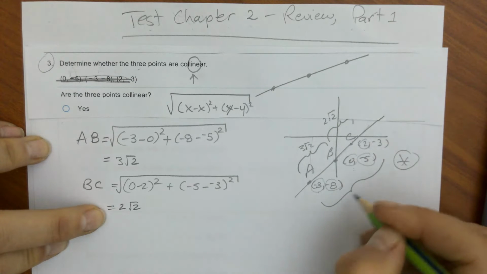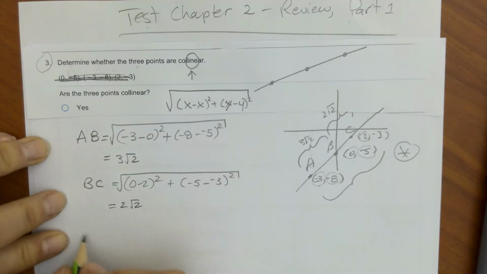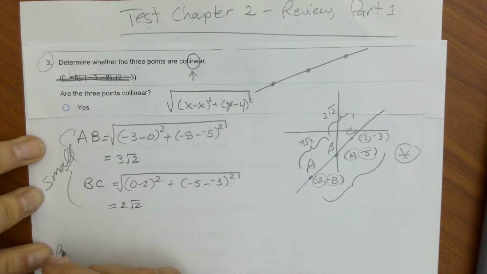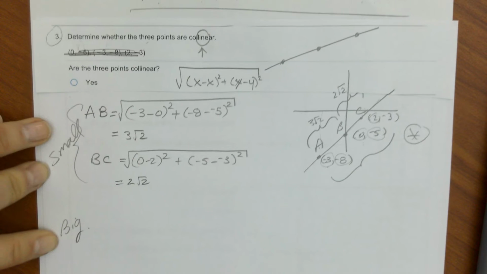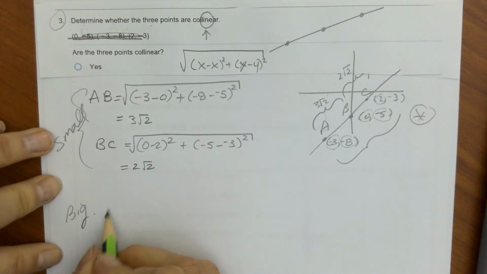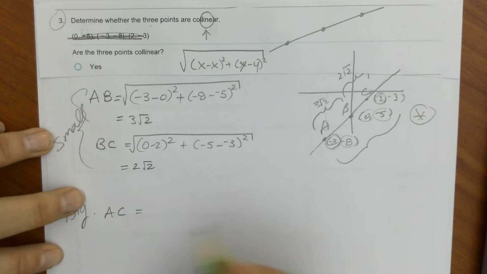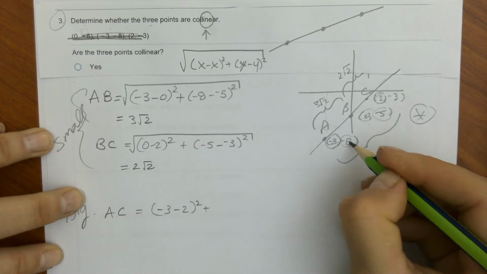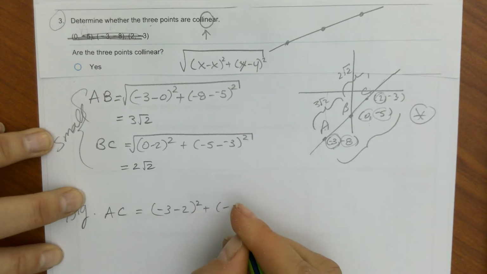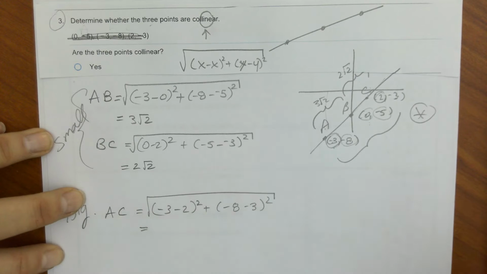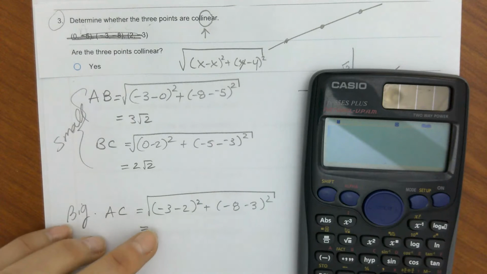Now I have to find the big one, A to C. So that's small. Now we find the big one. Okay, so that's AC. So -3 subtract 2. -8 subtract -3. Put that in my calculator.